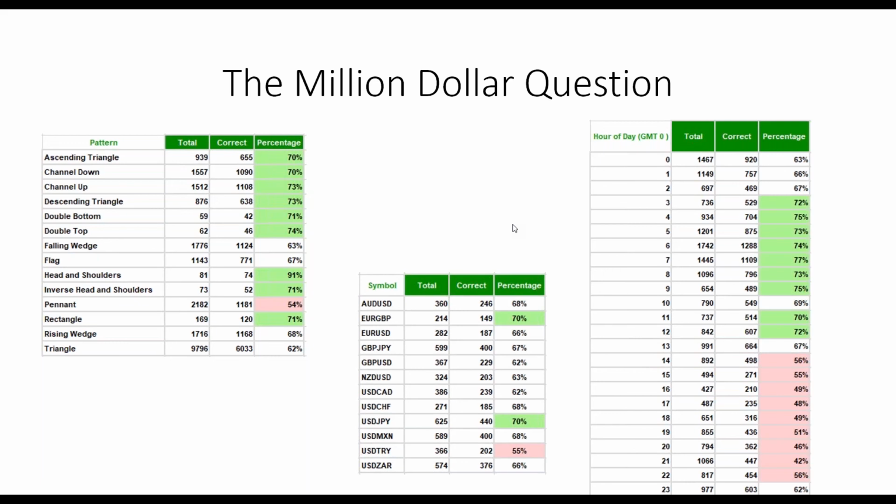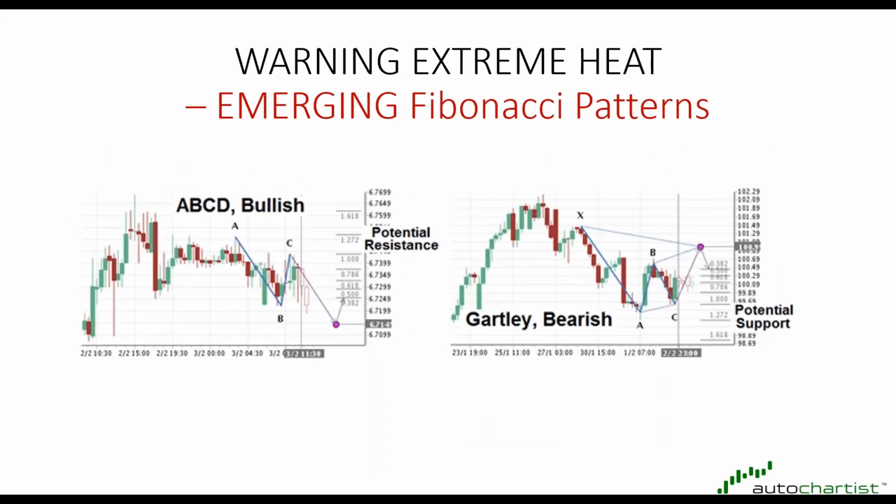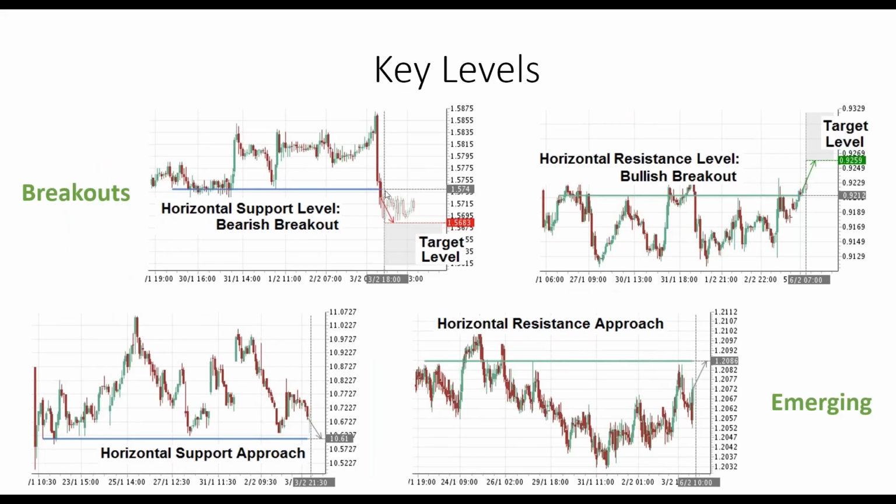The thing is, though, what we do measure at Autochartist is not how much money you would have made following our signals, but rather how often do we hit our target, our forecast price, right? Let me flip a few steps back, and let's look at this key level situation. In the situation where we provide a target level, how often do we hit our target level, right?